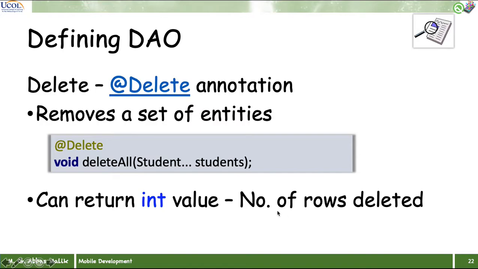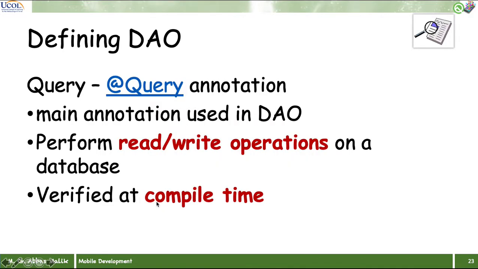It means how many records have been deleted from that specific table. It will return that number as an integer value as the return type of these methods. So delete methods can return one integer value. If we want to receive it, we can specify int instead of void.